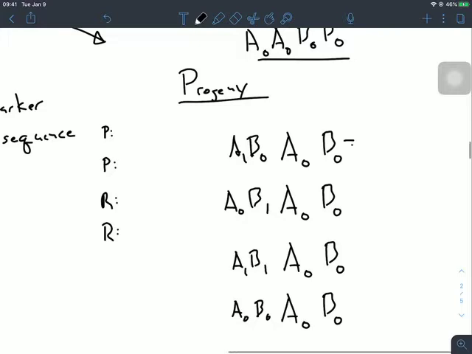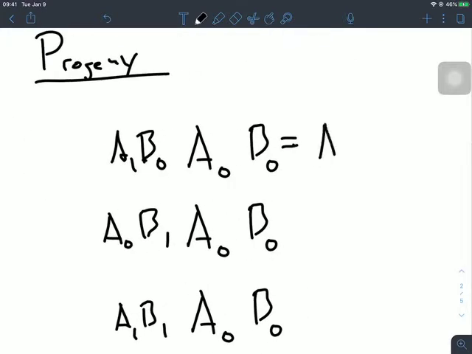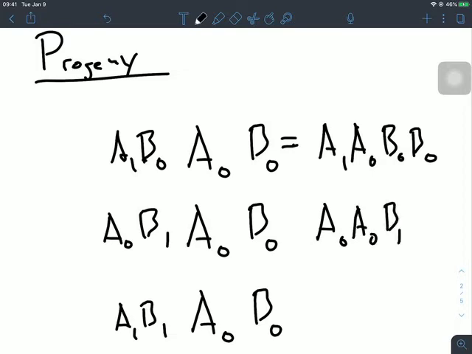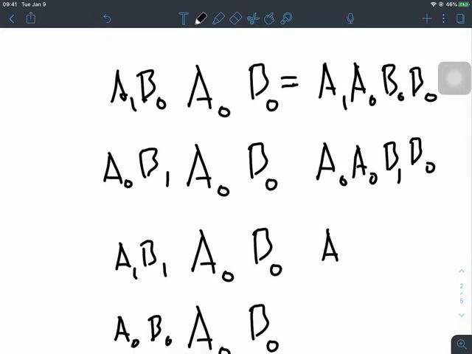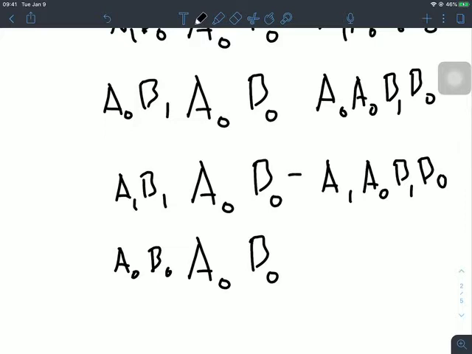Now, you could additionally, and probably should, recognize that these should be written A1, A0, B0, B0, A0, A0, B1, B0, A1, A0, B1, B0, and A0, A0, B0, B0.